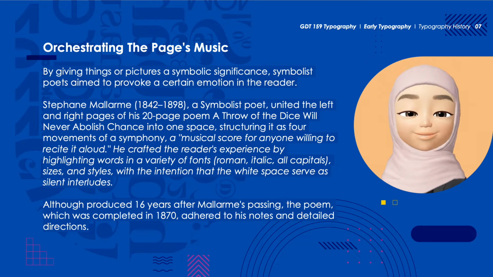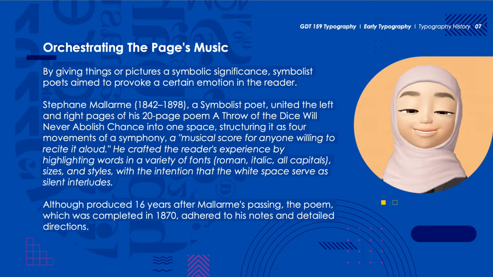A Throw of the Dice Will Never Abolish Chance, into one space, structuring it as 4 movements of a symphony, a musical score for anyone willing to recite it aloud.